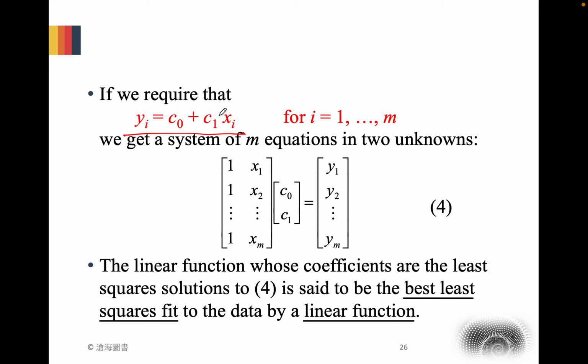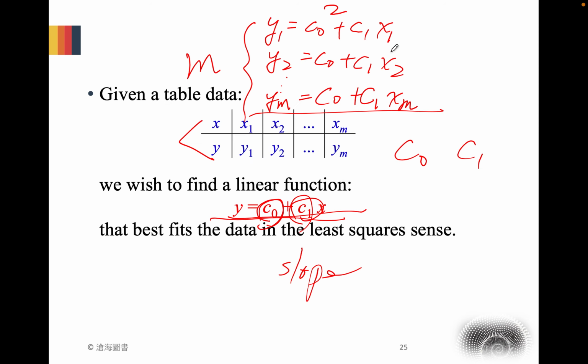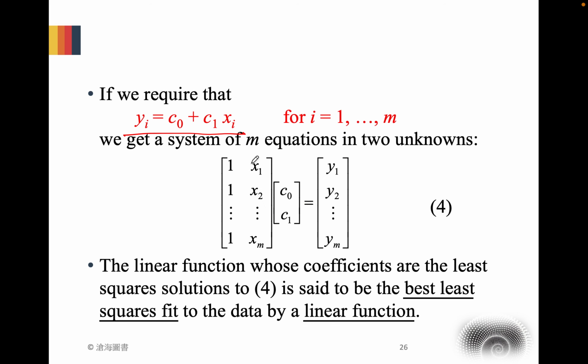So we require the relation between x and y to hold here. If we write down the corresponding linear system in matrix form, then we can rewrite it as the matrix with rows 1 x1, 1 x2 to 1 xm times c0, c1 equals y1, y2 to ym. This is the matrix A. This is the vector c. This is the y. Right?